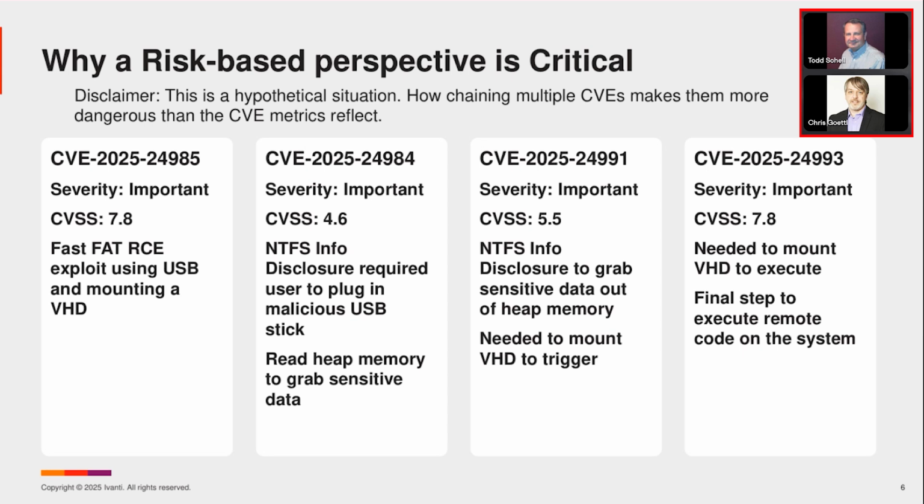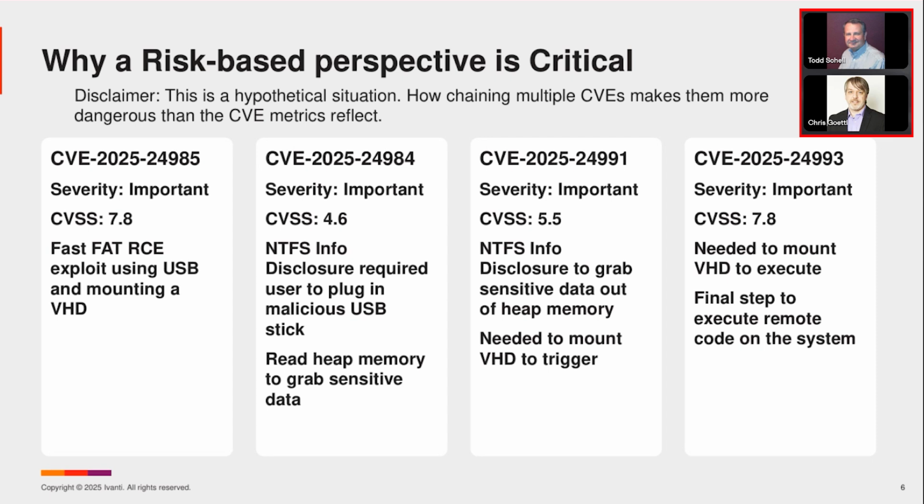If you look at any of these 4 vulnerabilities individually, the first one is a vulnerability in FastFat. It's a remote code execution. It requires a USB device and the mounting of a virtual hard disk to be able to exploit. So a lot of moving parts, a need to convince a user to grab a USB device and plug it into their device, or have physical access to the device in question.